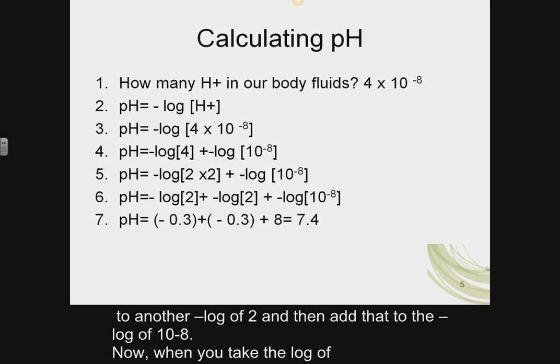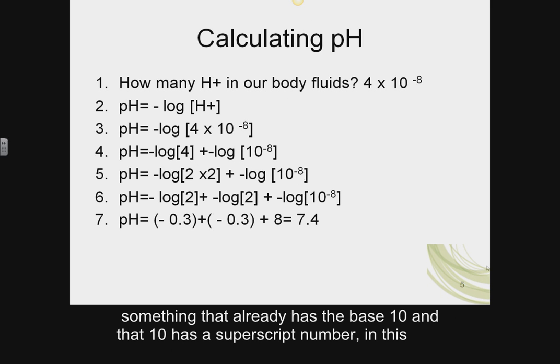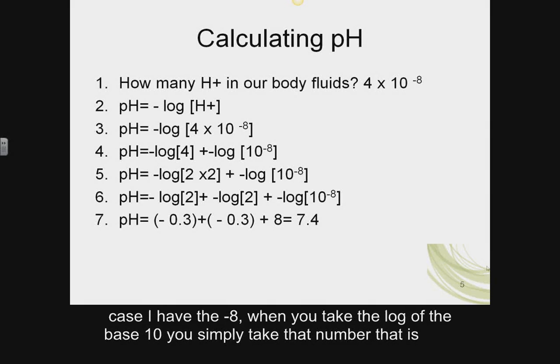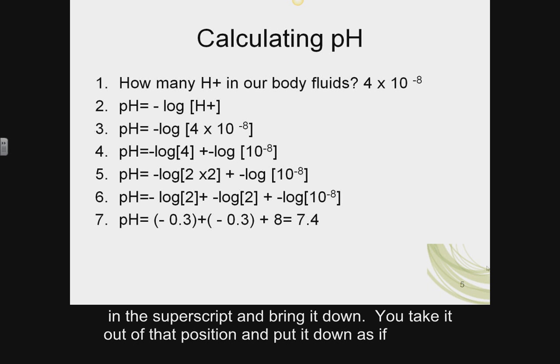Now, when you take the log of something that already has the base 10, and that 10 has a superscript number, an exponent, in this case negative 8, you simply take the exponent and bring it down. You take it out of that superscript position and put it down as if it were a regular number.